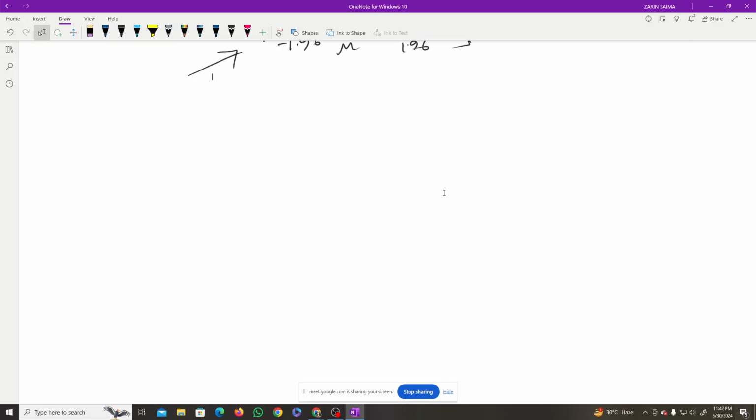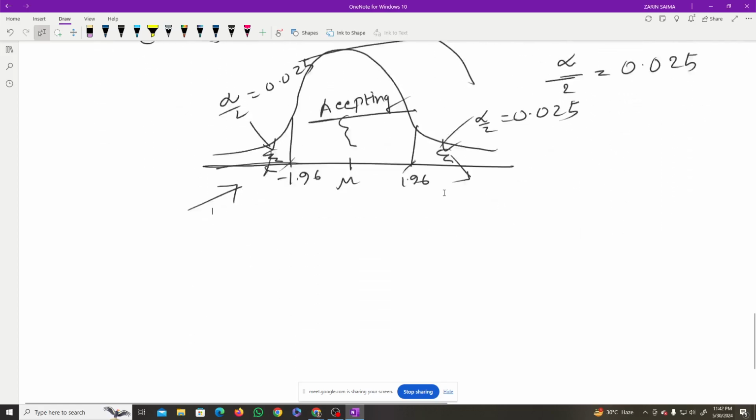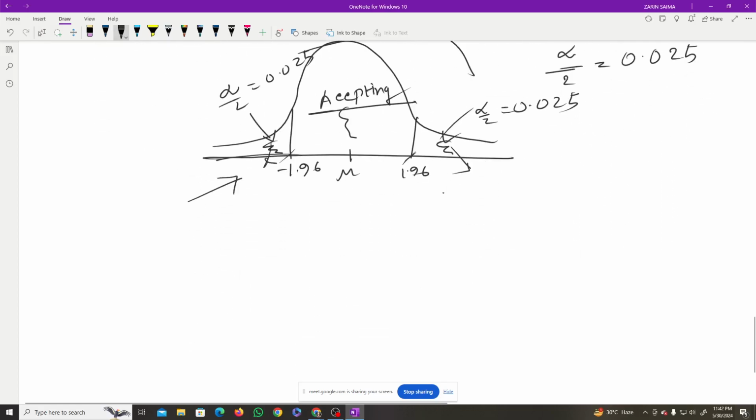So I was talking about one-tailed and two-tailed tests, right? This is an example of a two-tailed test. Now we will see where we can use a one-tailed test.